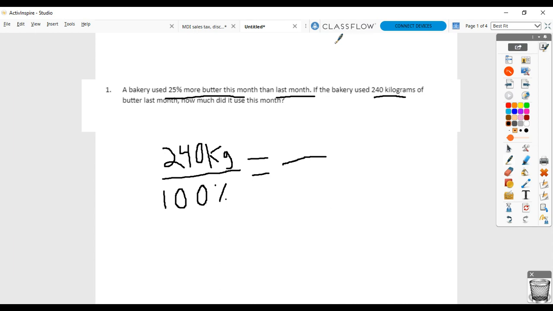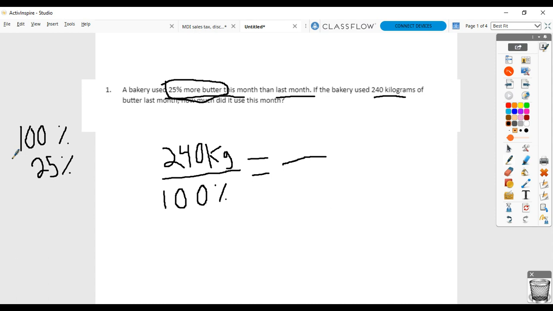So I need to think about what else does this problem give me? Well, it says right here I used 25% more butter this month. Well, 25% more than what? So remember, we always start with 100%. And if it says 25% more, we know that more means addition.